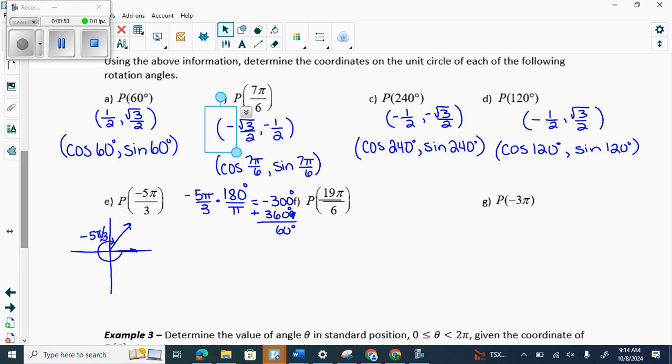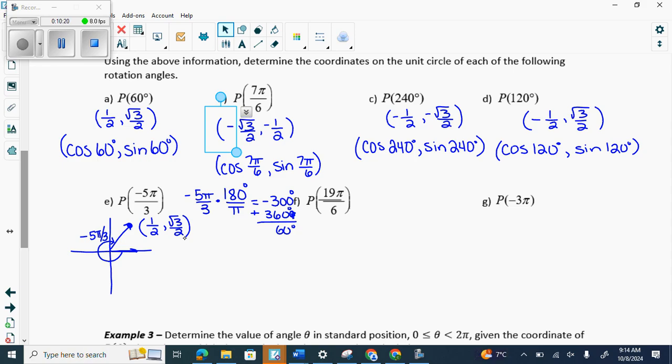Okay? What is the coordinate here? What do you get? 1 over 2 and root 3 over 2. So there's many ways you can get to that spot, correct? You could convert it to degrees, then add 360. You could just draw negative 300. You could add 2 pi to it and then get it to be pi over 3, and then draw it here, right?